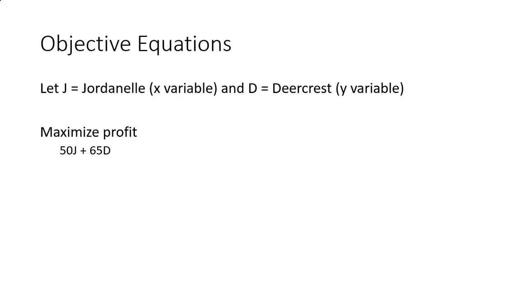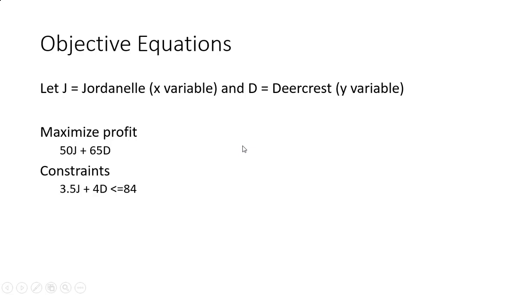Now, in the absence of any constraints, which we're going to go over in a later example, we would choose to manufacture all Deercrest, because would you rather make $65 for selling a unit or $50? If there was some kind of quantity constraint, we would make the Deercrest up to the limit of the quantity and only then start to make the Jordanelle. But we actually do have some constraints.